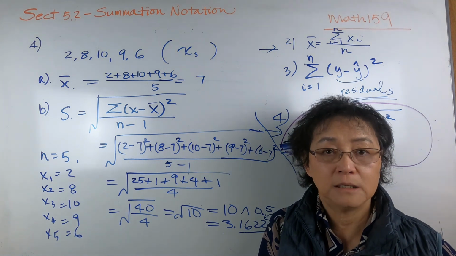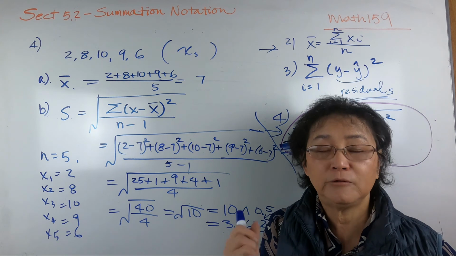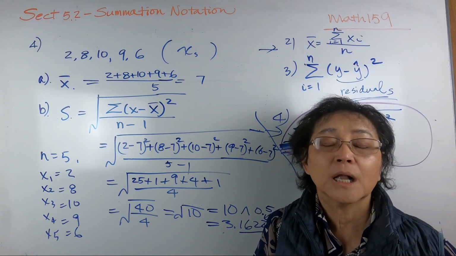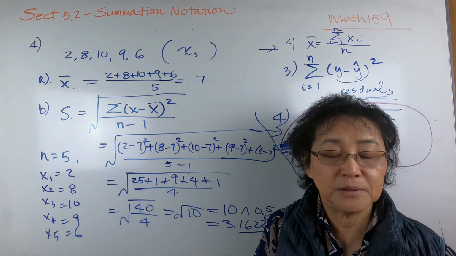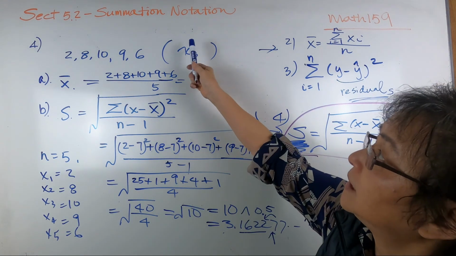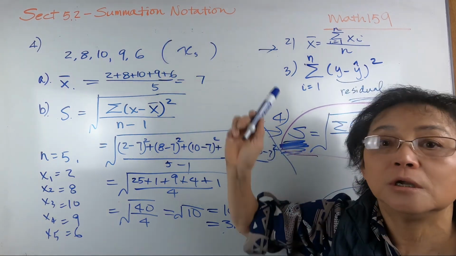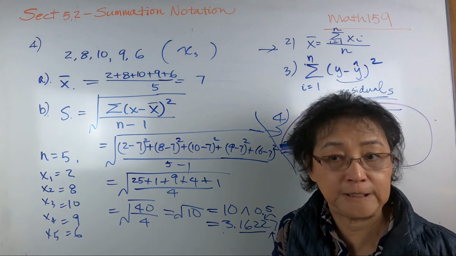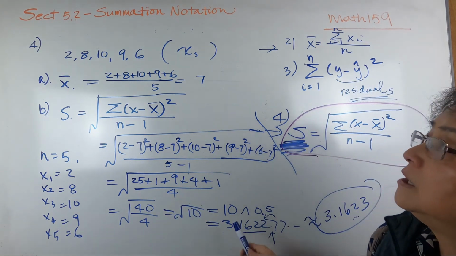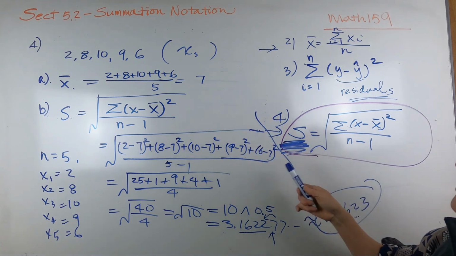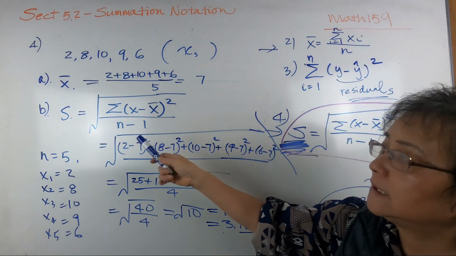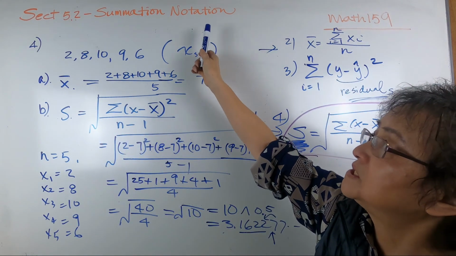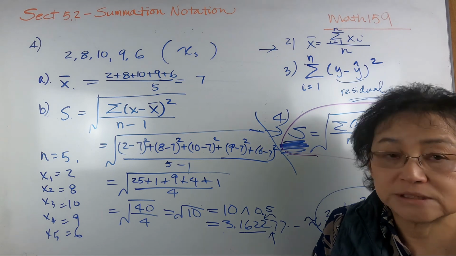So we have factorials and combination notation. Now we are learning summation notation. So you have 3 new notations you are learning. At the same time, you are applying different things to calculate the mean and standard deviation by using the summation notation.